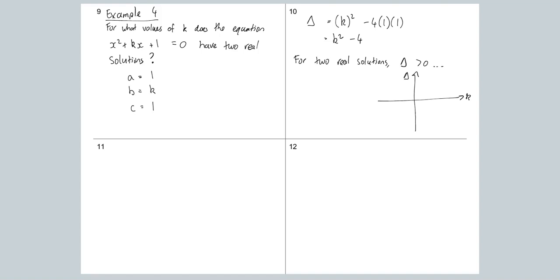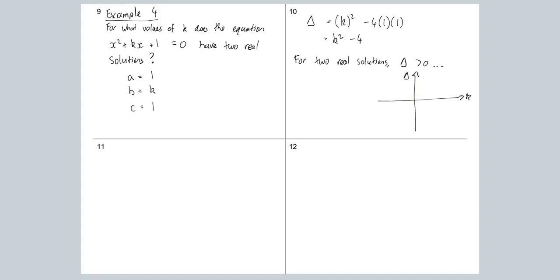All we are really interested in is knowing what the shape of the graph is and where the k-intercepts are. So for delta greater than 0, I'm looking for values of k such that delta is above the x-axis.